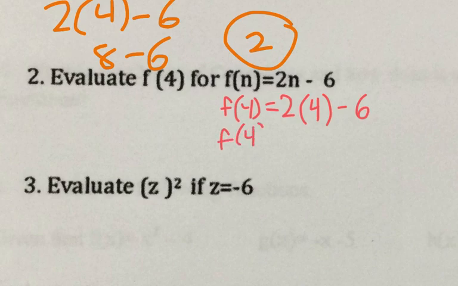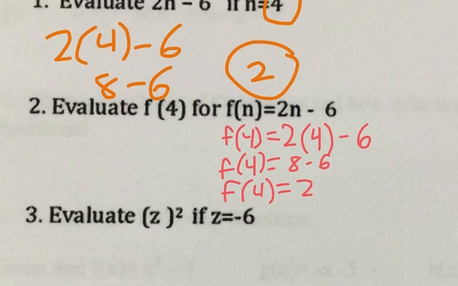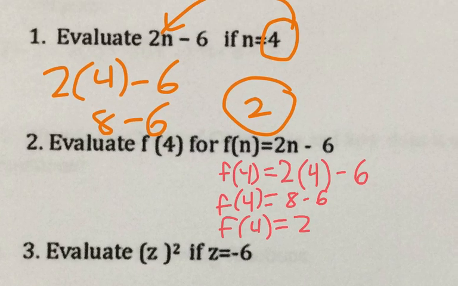So f of 4 would be equal to 8 minus 6. So f of 4 is equal to 2. So what do we notice about 1 and 2? They're almost the same thing, right? They're different ways to write down very similar problems.